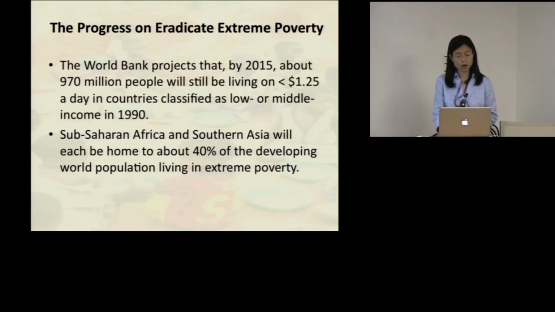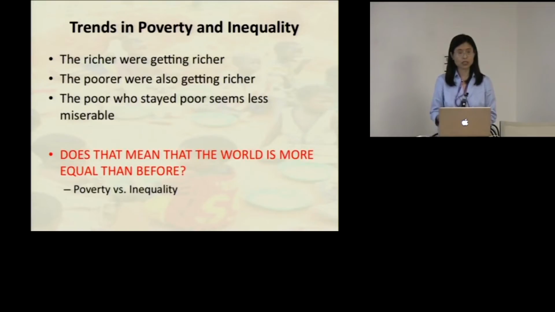However, we need to do more because by 2015, there will be still 970 million people living in poverty. Sub-Saharan Africa and Southern Asia will each be home of about 40% of people living in poverty as well. So we need to do more.